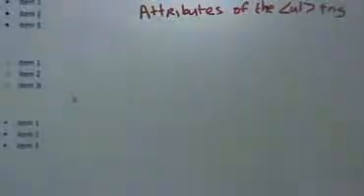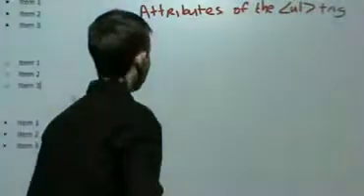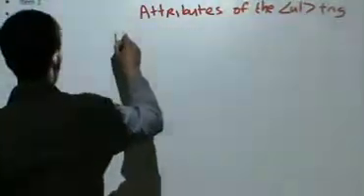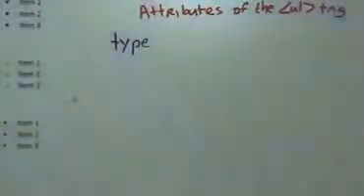For example, paragraph tag, what's an attribute you can add to the paragraph tag? Align, yeah. So a lot of tags have the align attribute. The table tag, for example, you can align to the center or to the left. But the UL tag has only one attribute, I think. It's the type. So that's where you specify what the bullet is like.